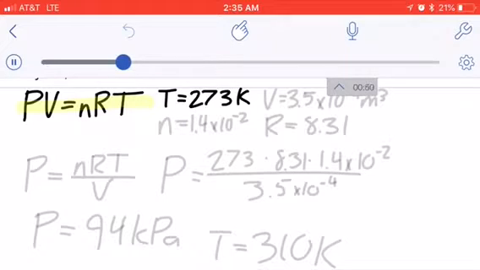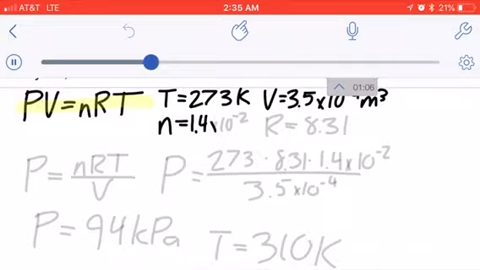Bryce had a 12-ounce bottle, so we'll say our volume is equal to 3.5 times 10 to the negative fourth meters cubed. Our n is going to be 1.4 times 10 to the negative second, and our R, which is a constant, is 8.31.